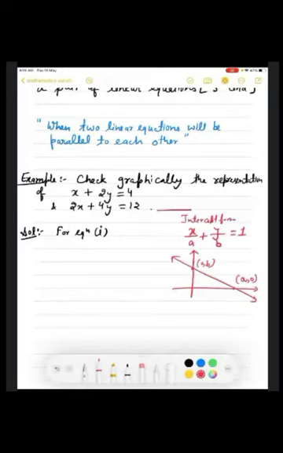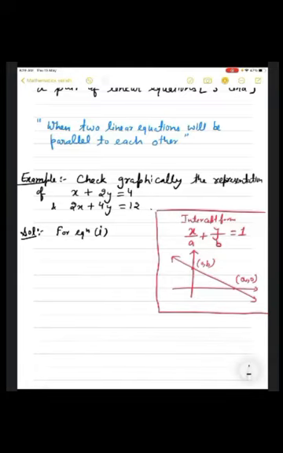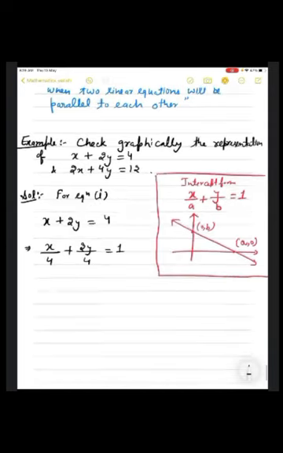So this makes our work easy because we get only 2 points and we try to plot these 2 points on the graph. So our equation is x plus 2y equals to 4. So we have a constant term. We'll straight away write it as x by 4 plus 2y by 4 equals to 1. Tell me, next step, x by 4.